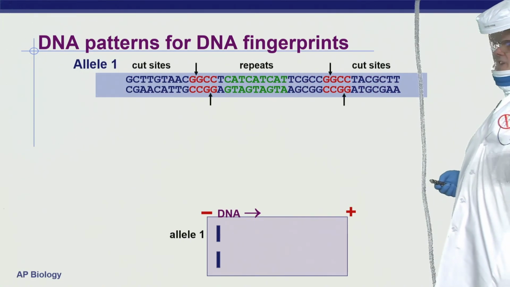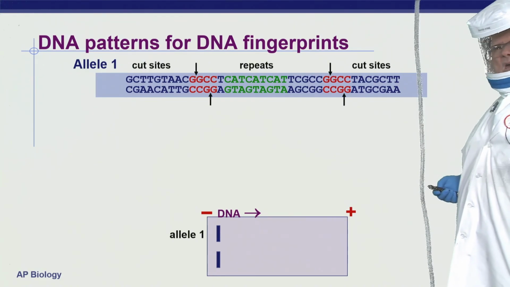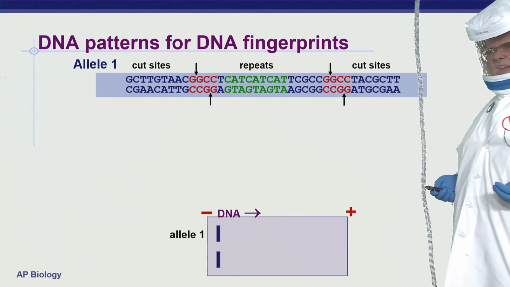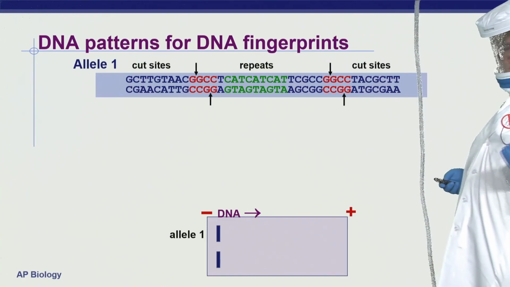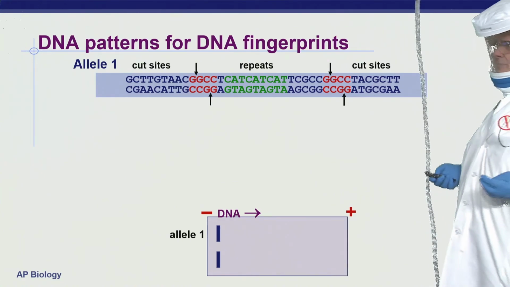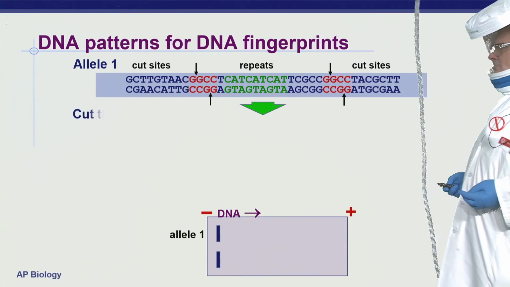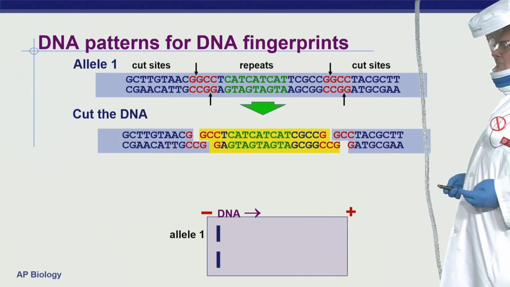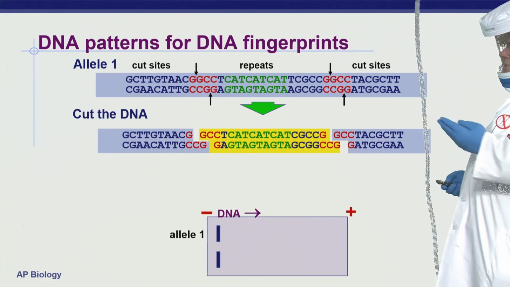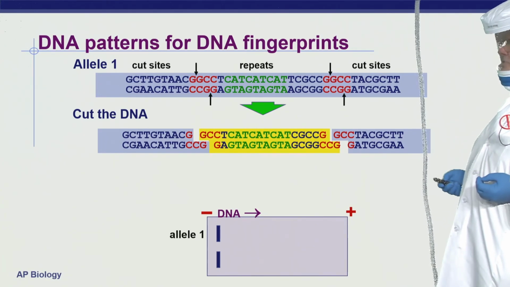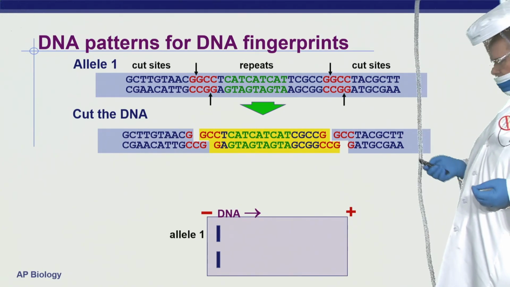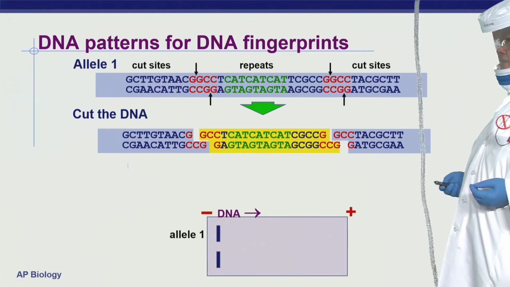Now, of course, the cut sites, again, depend on what enzyme is used, restriction enzyme. And so sometimes they may do several different restriction enzyme digests to get more to compare. And so here, the recognition gives you 3 different segment lengths.